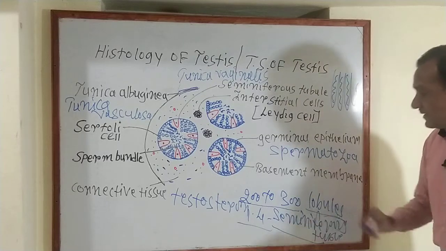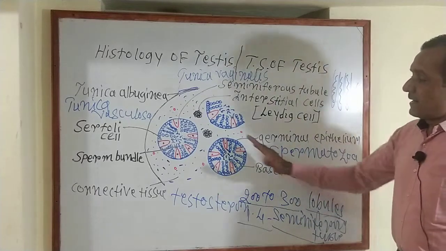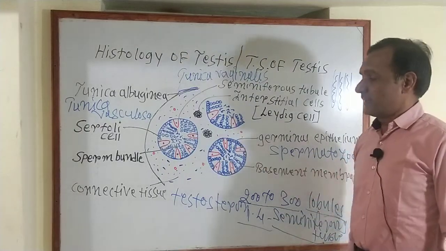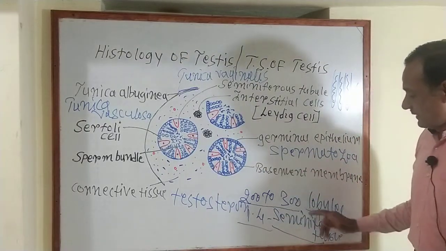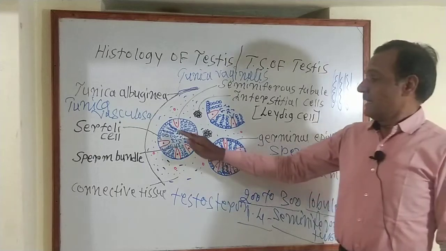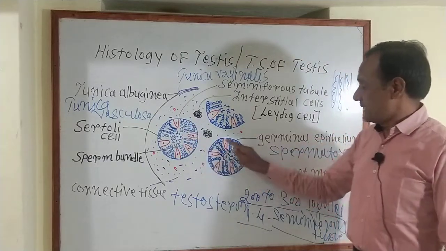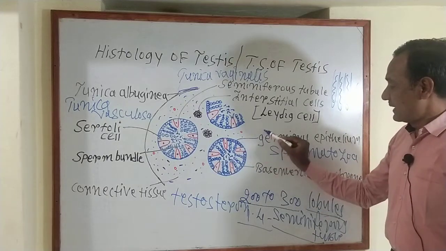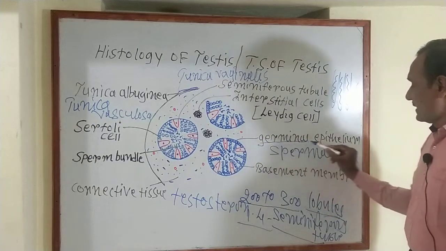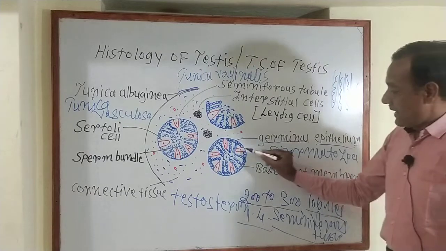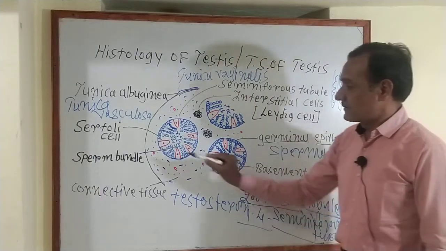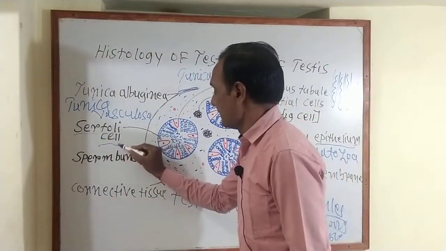Seminiferous tubules are the structural and functional unit of the testis. Internally, each seminiferous tubule is lined by two types of cell: the smaller cuboidal germinal epithelial cells and the larger pyramidal cells, called the Sertoli cells.